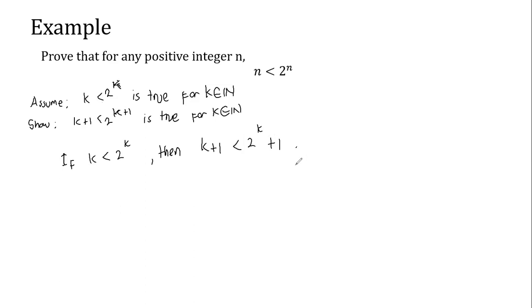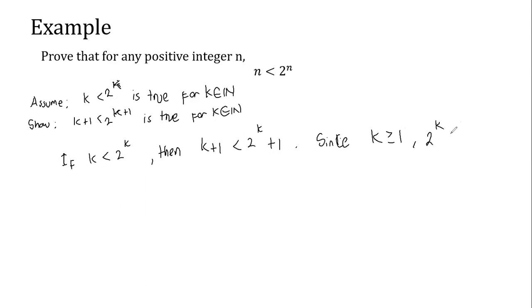Okay? Now, since from our assumption or from our hypothesis dito, yung k natin ay element ng natural number. So, since k is element of natural number, or rather say k is greater than or equal to 1 kasi nga natural number siya, then we have 2 raised to k.